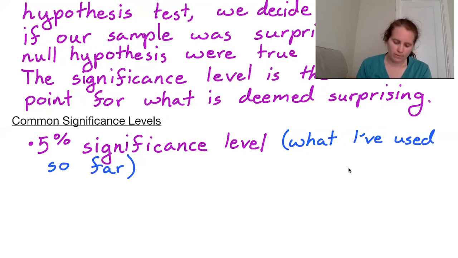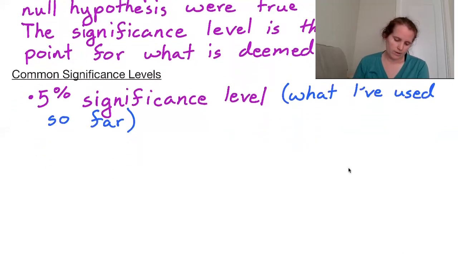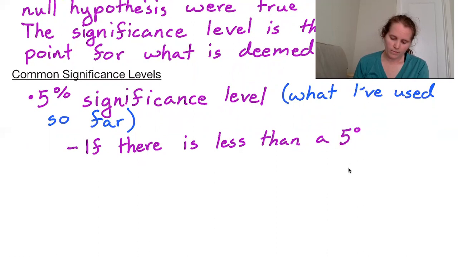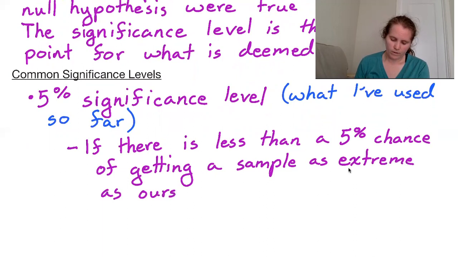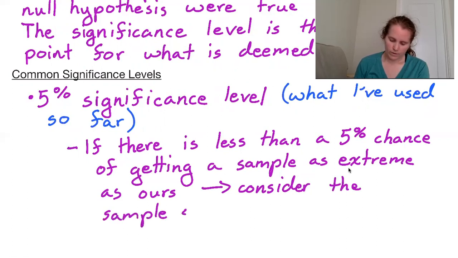And for the 5% significance level, if we get less than 5% chance of getting a sample as extreme, so if there's less than a 5% chance of getting a sample as extreme as ours, then we consider the results surprising, or consider the sample surprising.